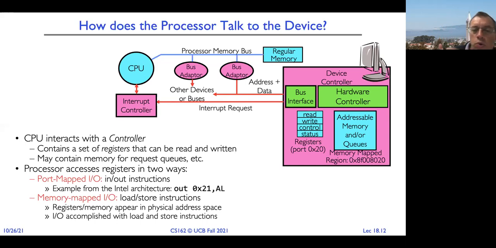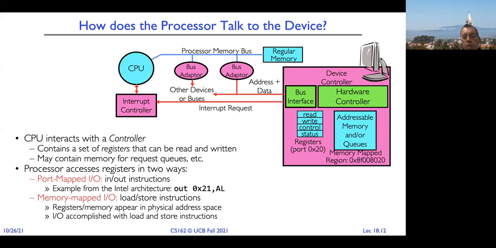Now, how do I interact? How do I program these controllers? There are two ways: port mapped I/O, with in and out instructions. So basically here for the Intel architecture in particular, you have, say, out 0x21. So this is an address. Each I/O device has its own address.